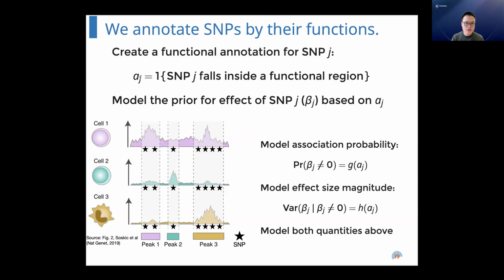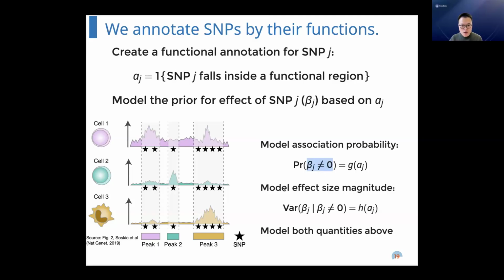And once we have this AJ annotation value defined for each SNP-J, we can start building our prior distribution based on the AJ value. So first of all, we can try to model the prior association probability between SNP-J and the GWAS phenotype as a function of AJ.